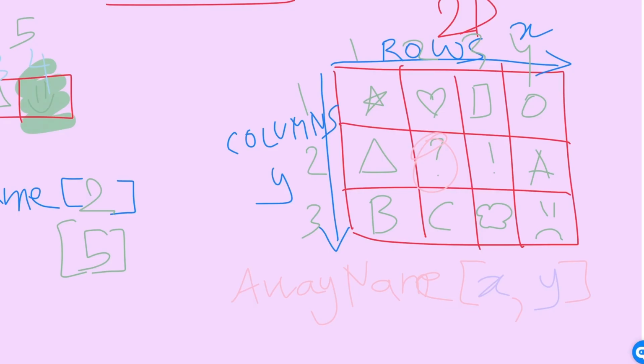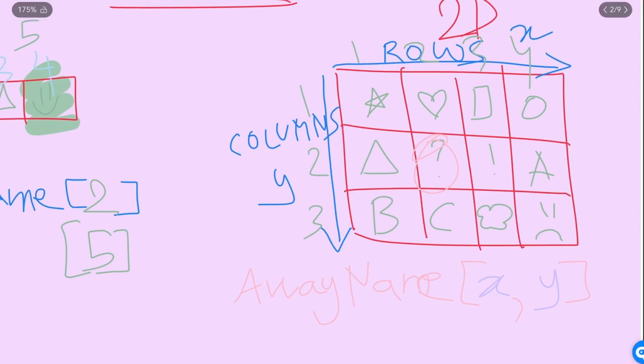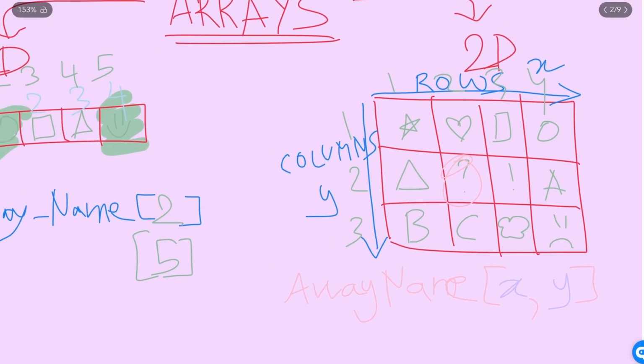For the question mark, you see the x-axis: it's in number 2, so you'd put 2. And in the y-axis, it is also number 2, so you'll put 2. So if you call array_name[2,2], you'll get the value of the question mark.